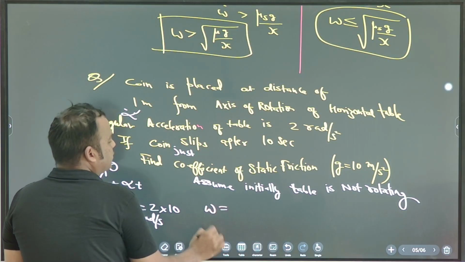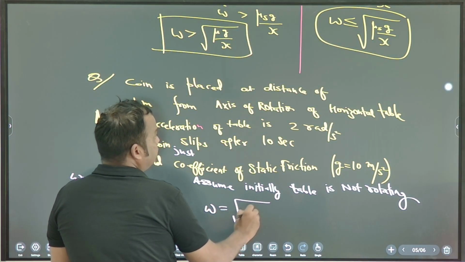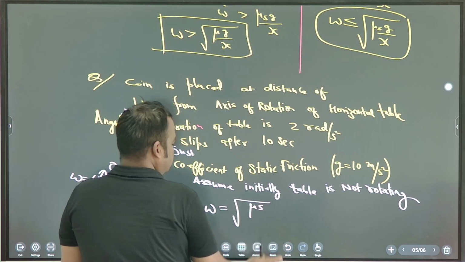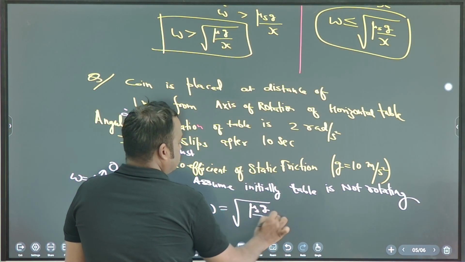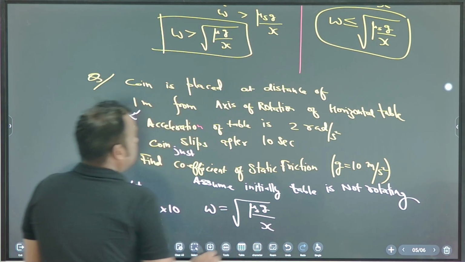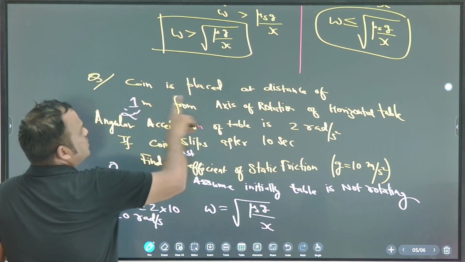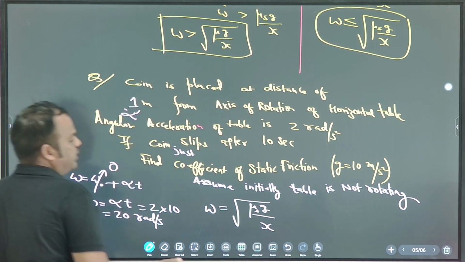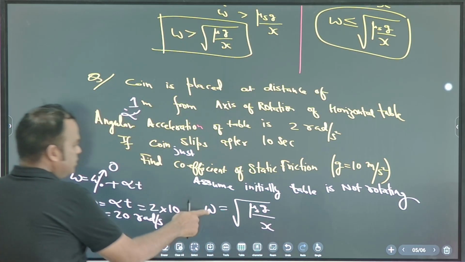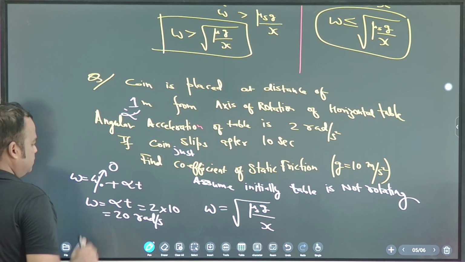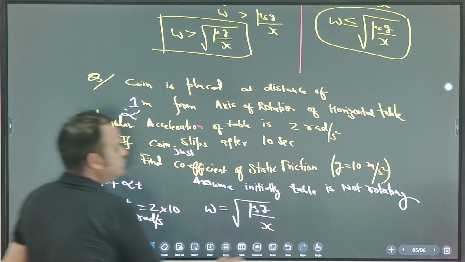So omega is equal to the square root of mu s g by x. And the x distance is given. What is the distance from the axis? 1 meter. So solve. Omega you got is 20.